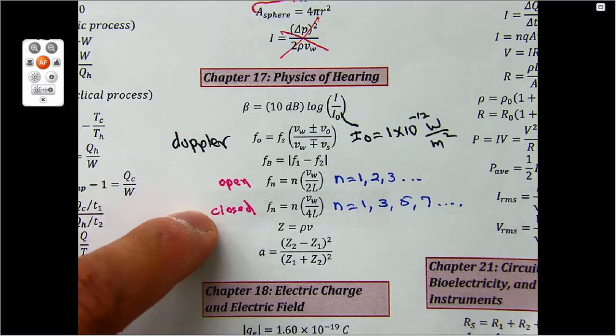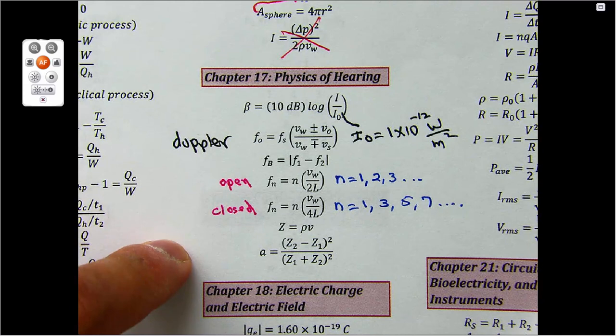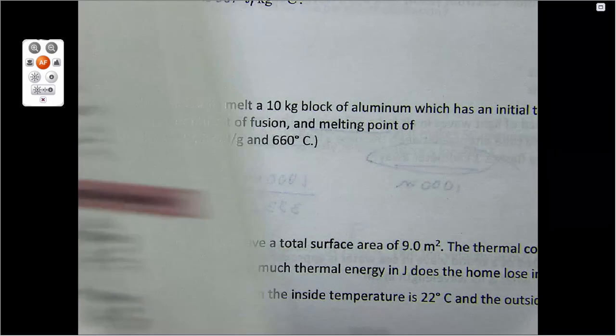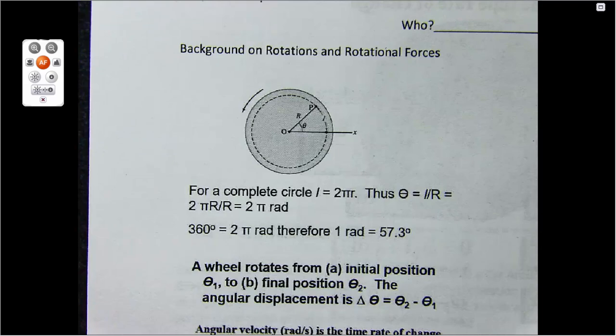That should get us where we're at. Okay, let's bubble this on Monday then. We got to do some rotational motion here.